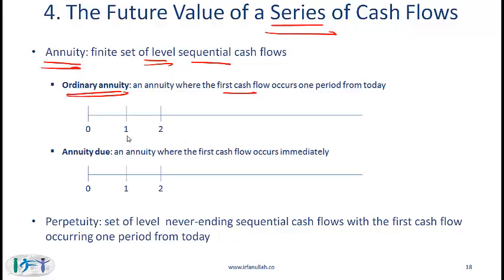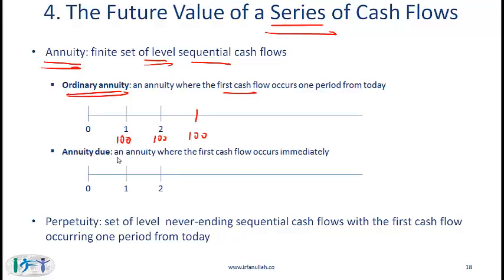Let's say that you receive $100 one year from today, another $100 2 years from today, and then another $100 3 years from today. So this is an annuity. The payments are level because you are getting $100 each time. They are sequential. You are getting payments at 1 year periods, and the first payment is 1 year from today, which means this is an ordinary annuity.